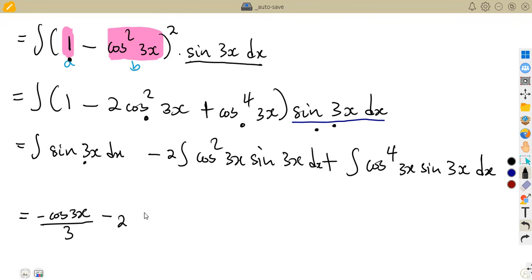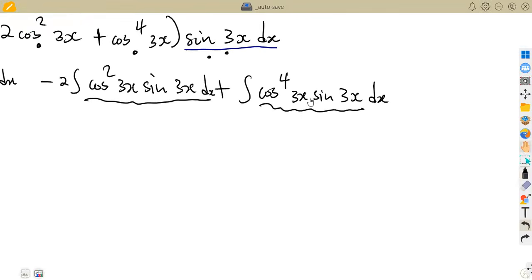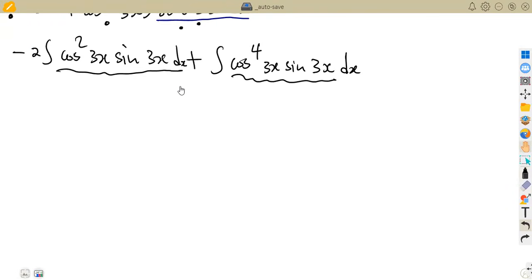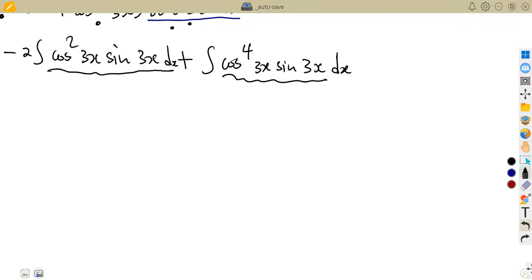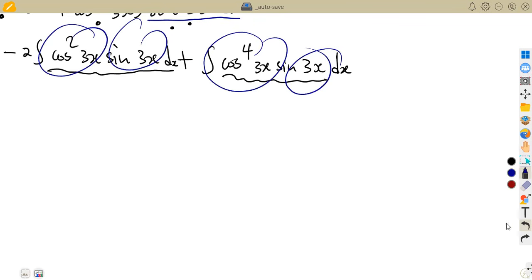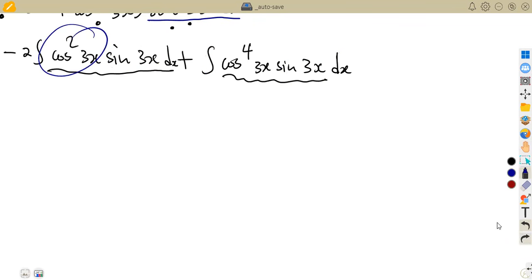Minus 2, let us just leave the minus 2 for now. We are supposed to integrate this, and it is a similar part to what we have here. So we are going back to the substitution method on this part, because it is the same format: cos squared, cos, sine. So the u is the same.